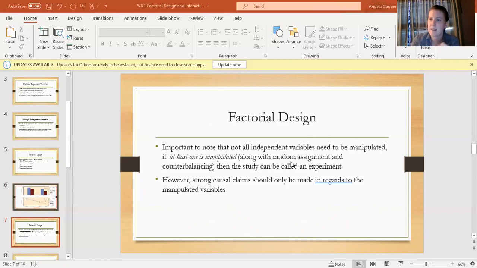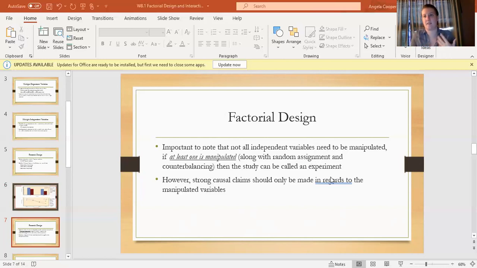Well, we can't necessarily say it's because they're transgender, or because they're in their 30s. We have to make the causal claims in regards to the test type. Maybe the math test was easier, or maybe they're just better overall.